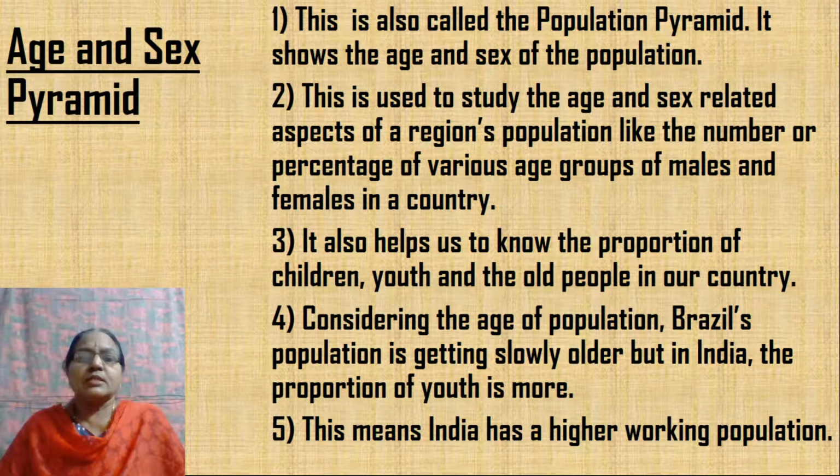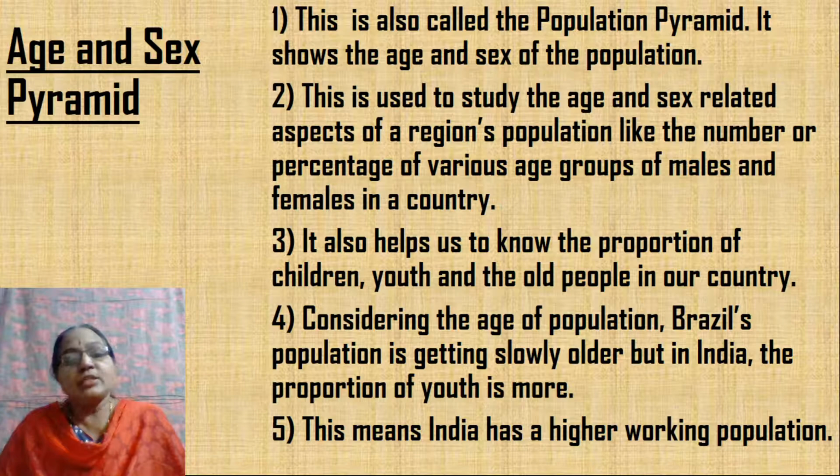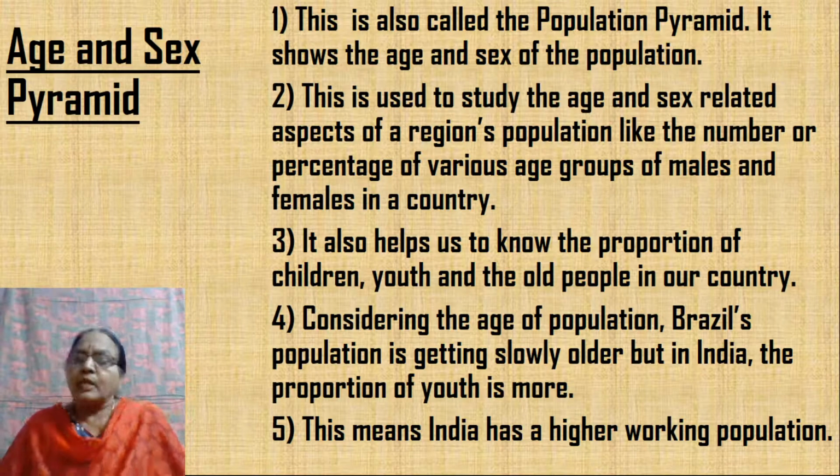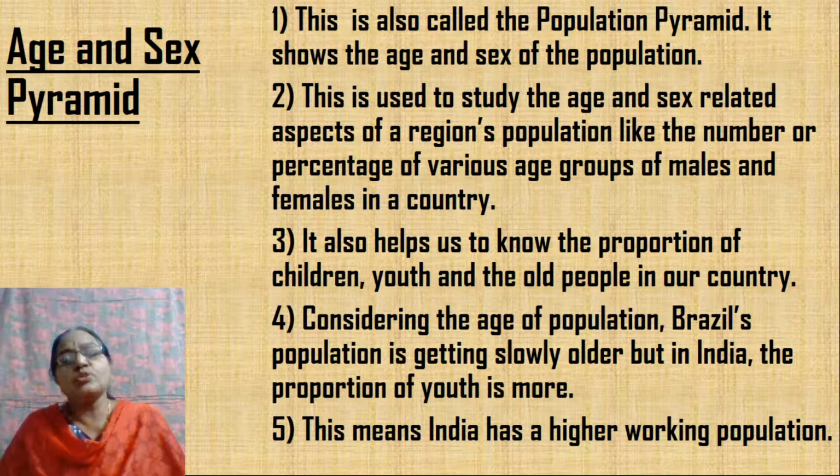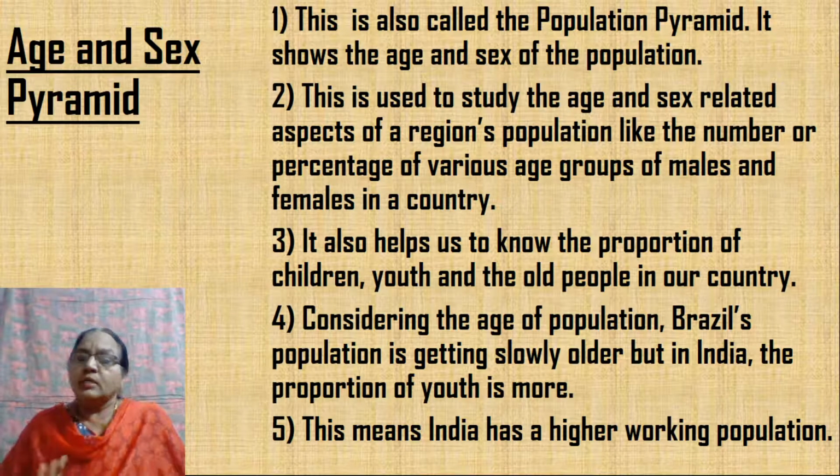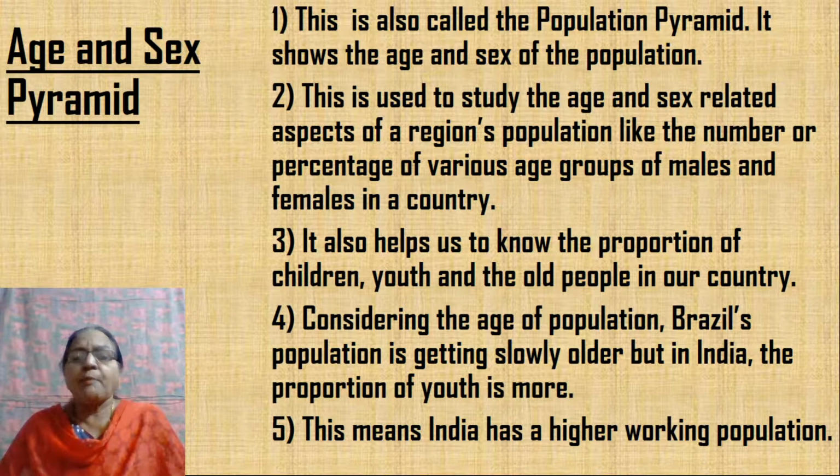Now, let's discuss the age and sex pyramid. The age and sex pyramid is also called the population pyramid, and this shows the age and sex of the population. It is used to study the age and sex related aspects of a region's population.